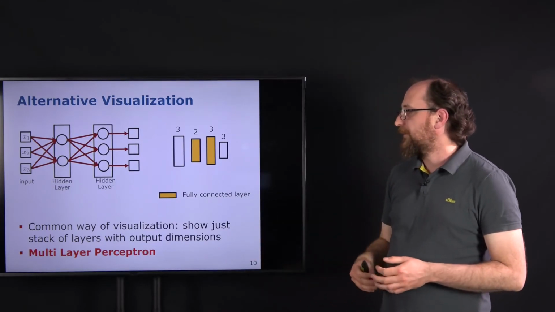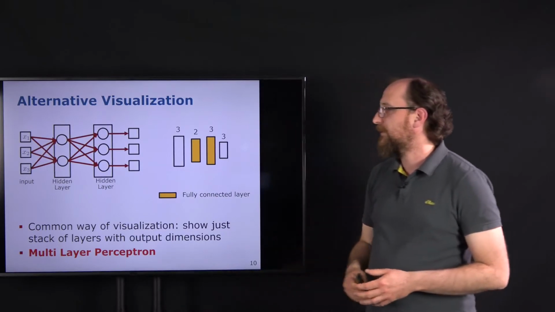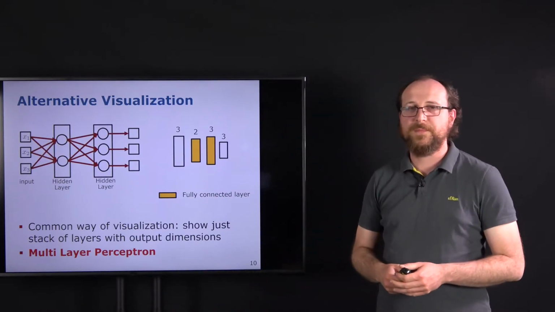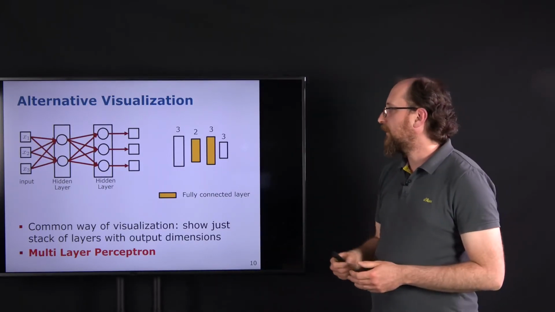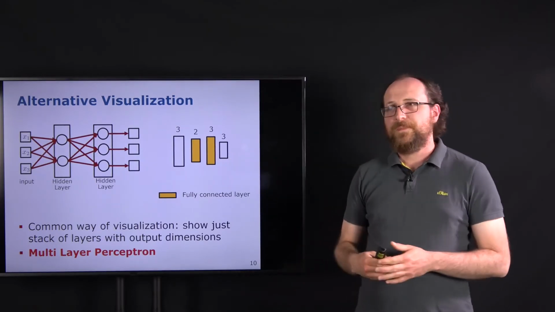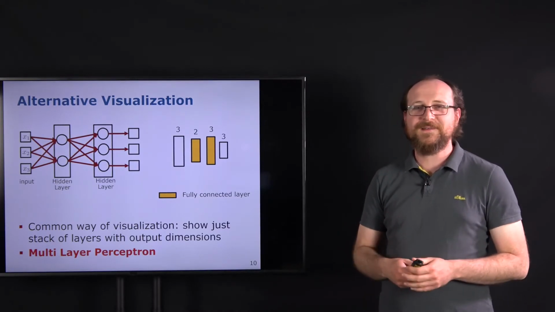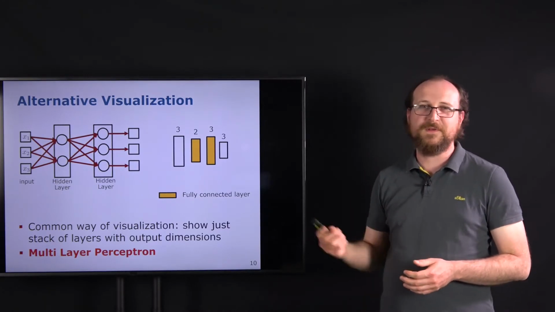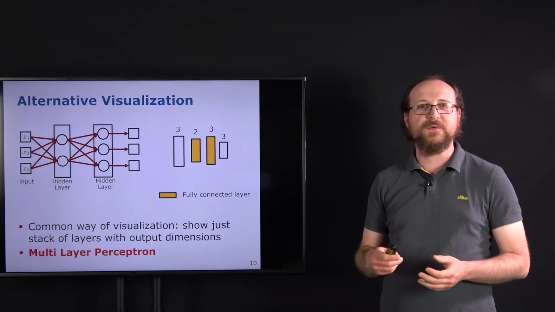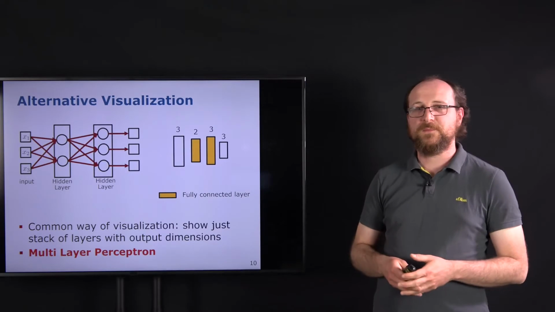When you have multiple of these fully connected layers, this is then called a multi-layer perceptron. This is a more output-driven way to visualize it, and this will also be the way that we are using in the lecture to visualize the building blocks of the neural network.